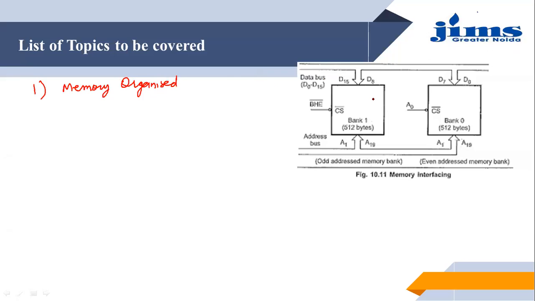I hope the topic was very clear, when we talked about whether you want to organize your memory as one single unit of total size 1 mega, or you want to split it into two memories of half the size, let's say 512 kilo. So this we already know.